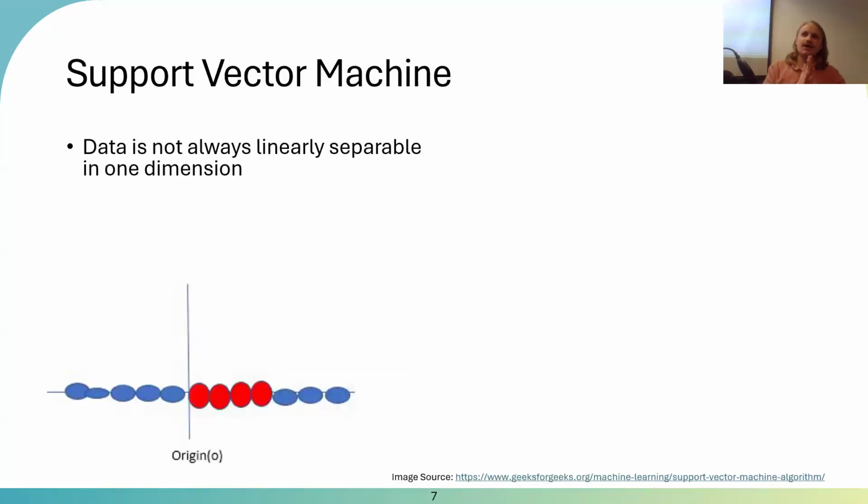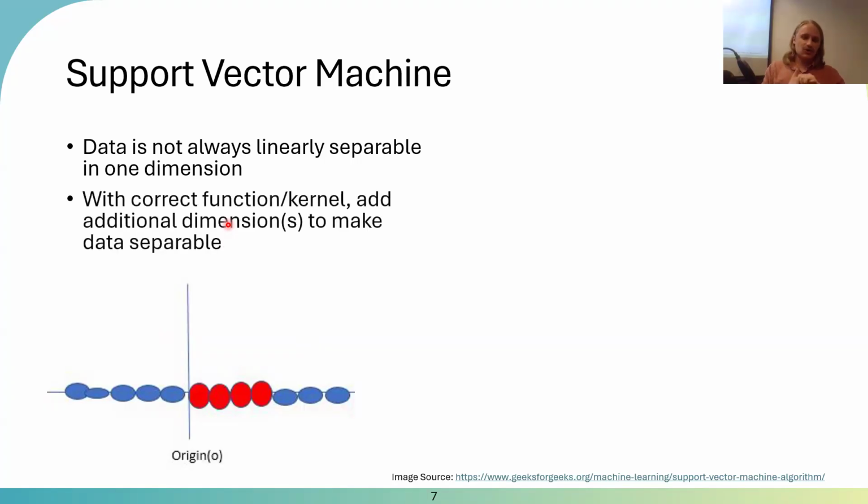But then we can extend this where it might not be so clear, when working in a single dimension, how exactly to split two different classes. So in this example I'm showing here, we have both the blue class and the red class, but there's no single line that you could draw in here in order to separate those cleanly.